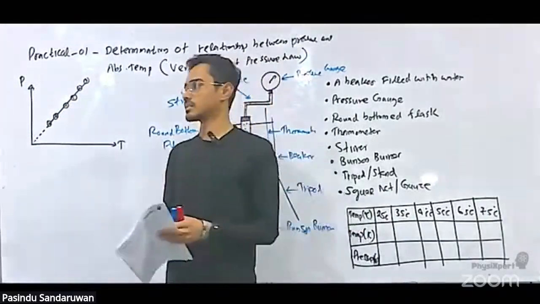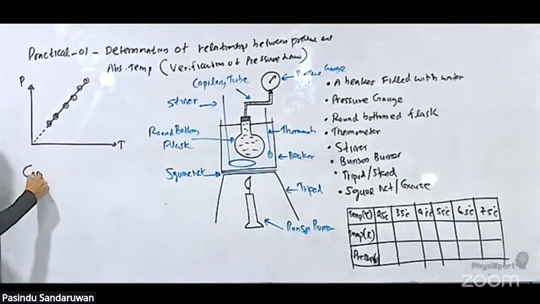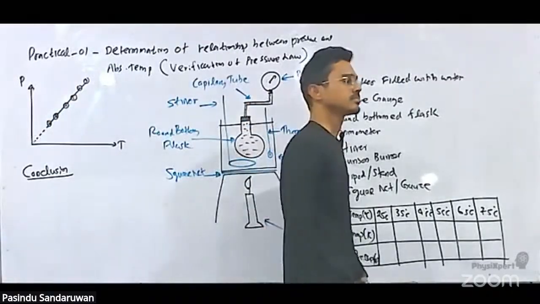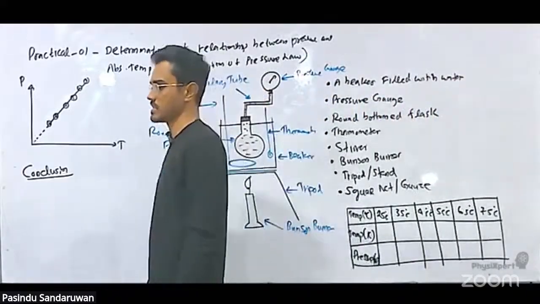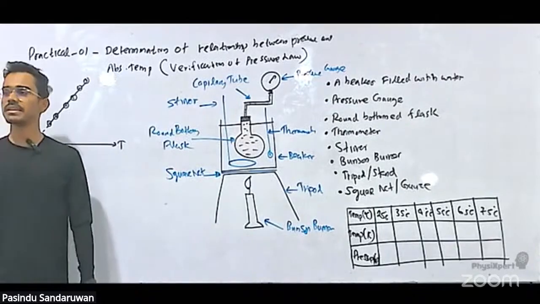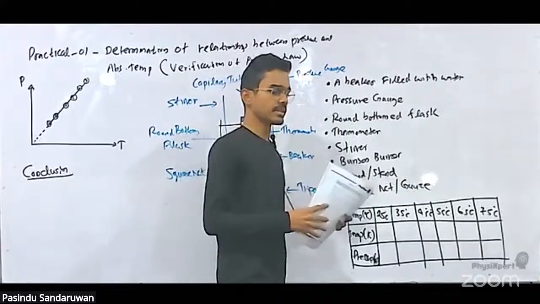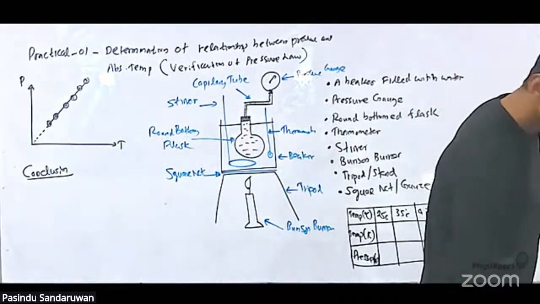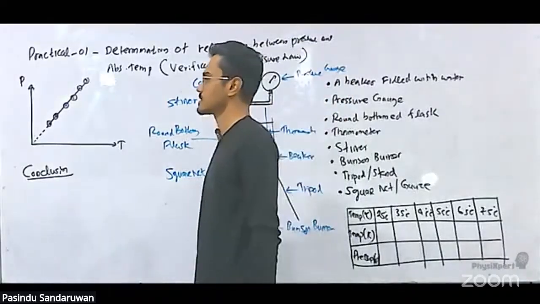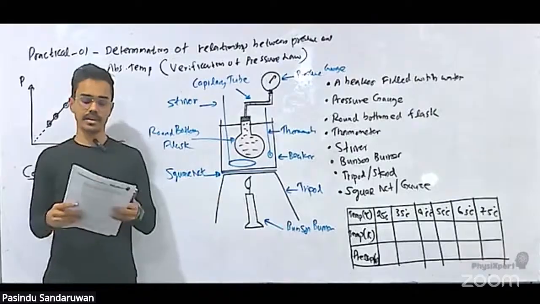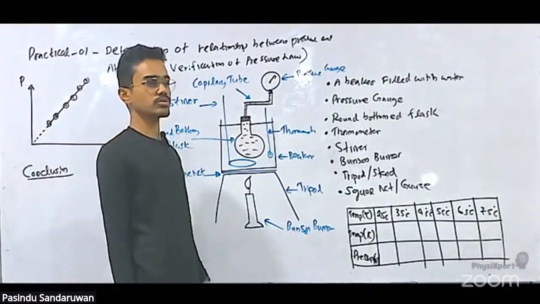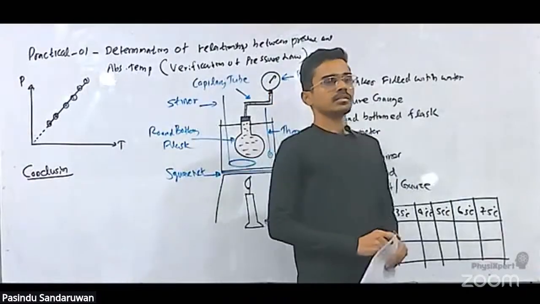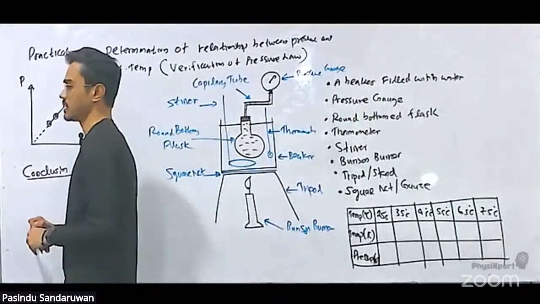Right? Then the conclusion. If the graph between pressure and absolute temperature is a straight line that goes through the origin, the pressure law is verified.